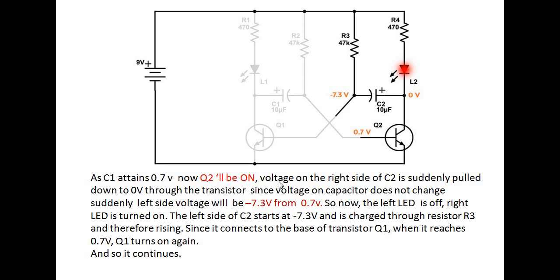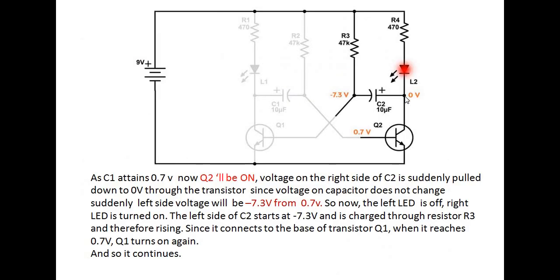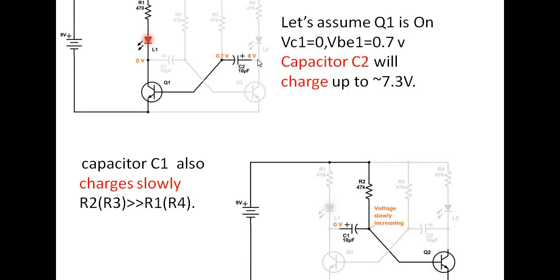If Q2 is on, the voltage on the right side of C2 is suddenly pulled down to 0, right. This is 0 volts. Earlier, look here, it was 8 volts. Now the same end is pulled to 0 volts. Now what is this capacitor expected to do? The voltage on a capacitor does not change suddenly, right. Look at the voltage difference between these two. It is 7.3, right.